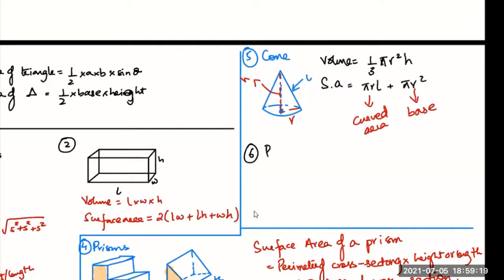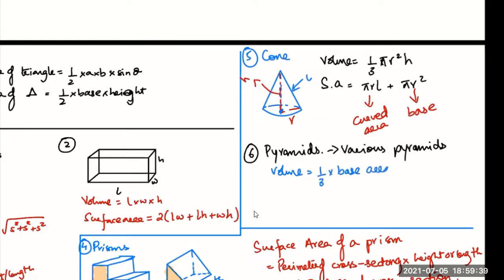Pyramids can take various forms, because you can have various pyramids. The volume is 1/3 base area into height.